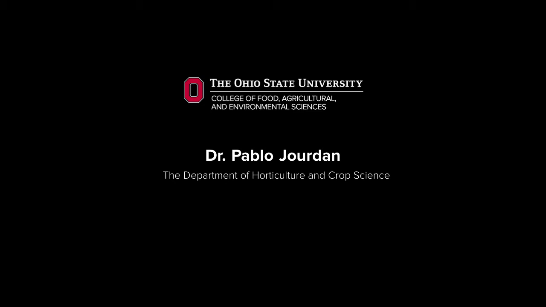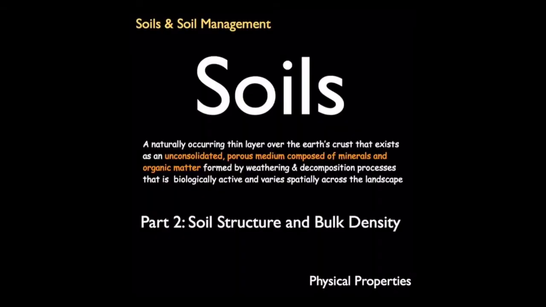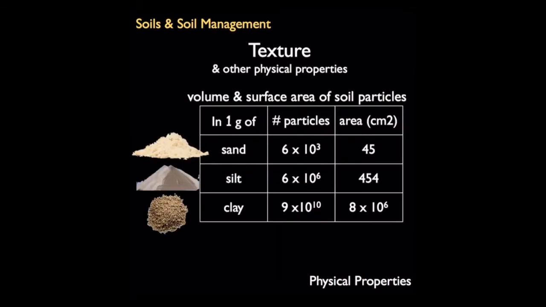As we continue to look at soil physical properties, let's examine now how structure and bulk density are affected by the proportion of soil particles. Besides texture, other physical characteristics are influenced by the proportion of mineral particles.